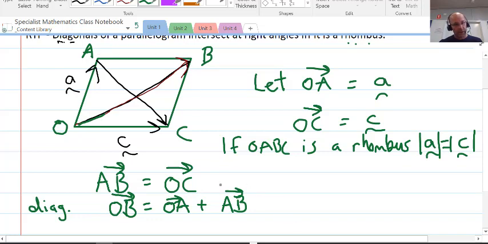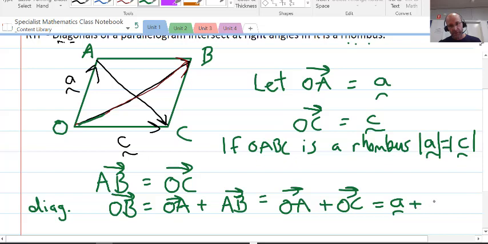But AB equals OC, so that's OA plus vector OC, which is lowercase a plus lowercase c.